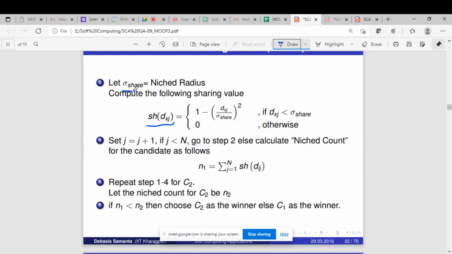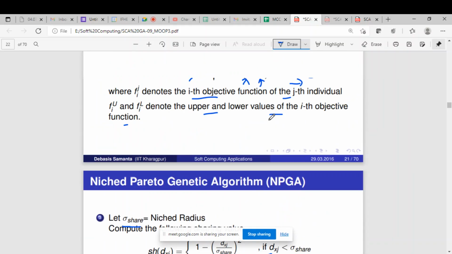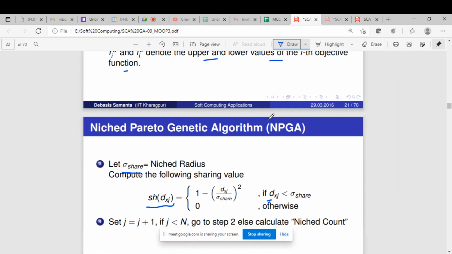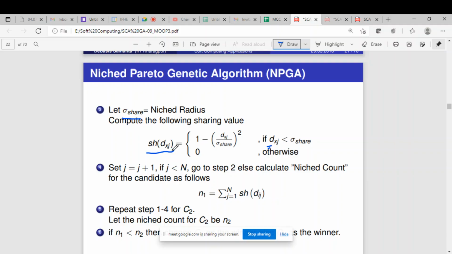If this niche radius is greater than dxj, which was calculated in the previous round, then sh of dxj is calculated using this formula: 1 minus dxj by the niche share, the whole squared. Otherwise, if the dxj is greater than the selected value, then this will be 0.